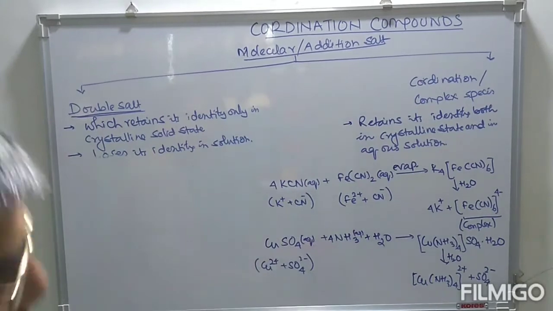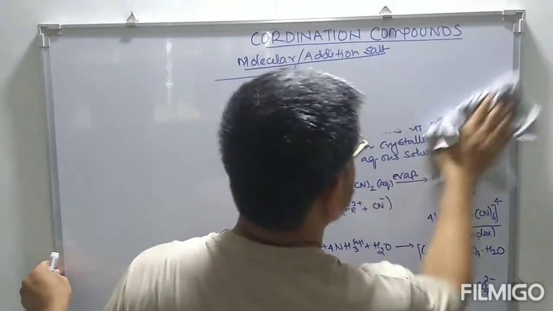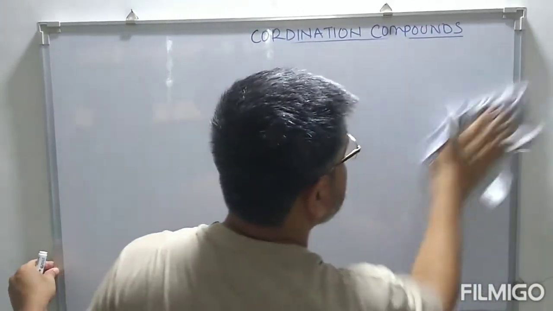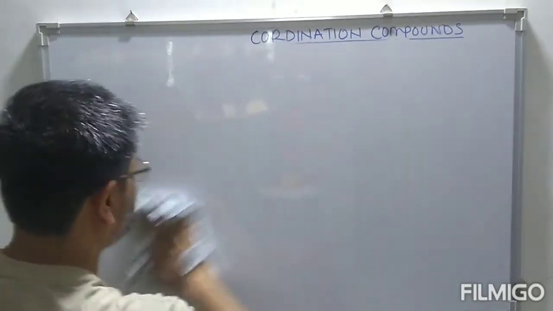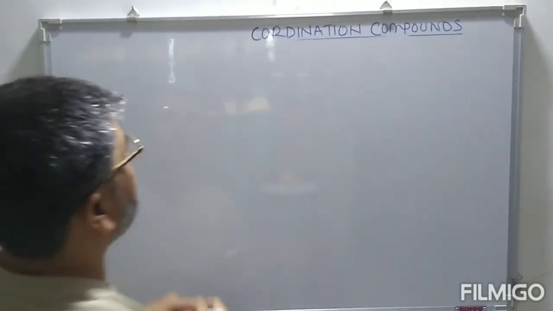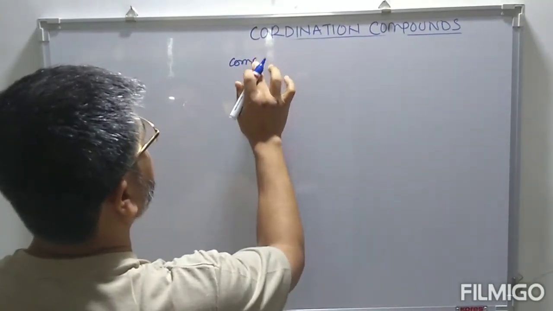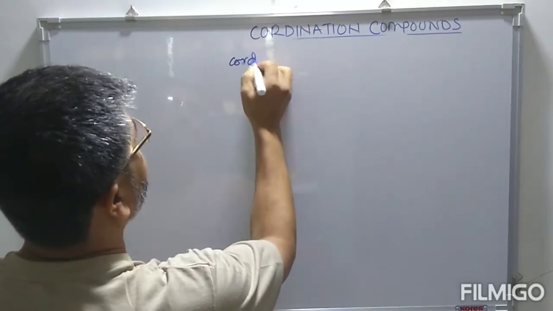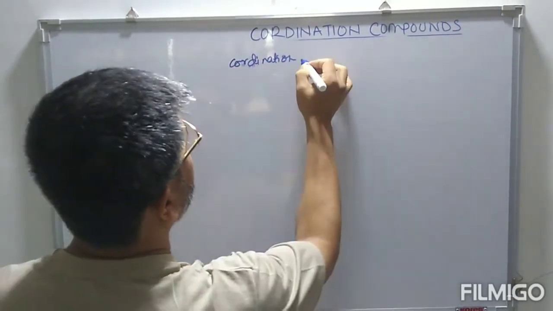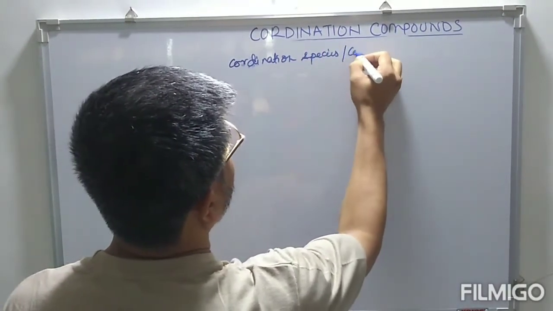Now coming to this coordination species, let's define coordination species or complex species.